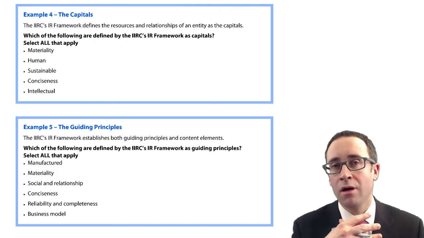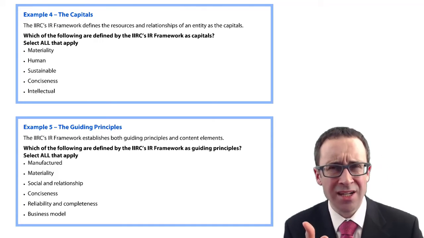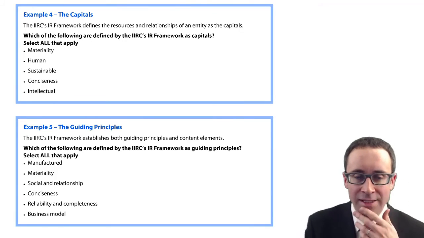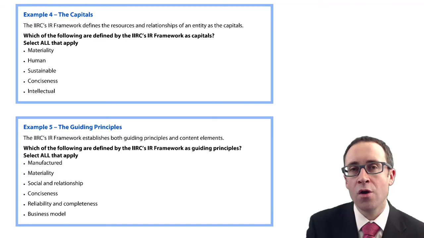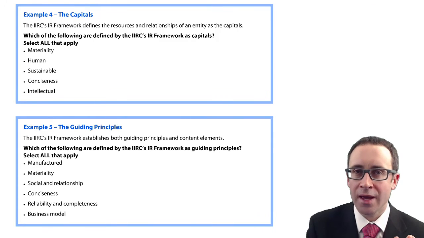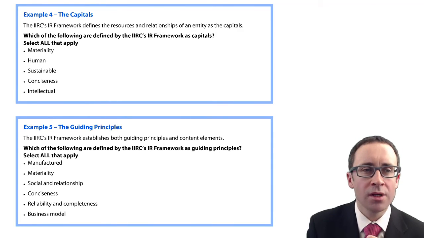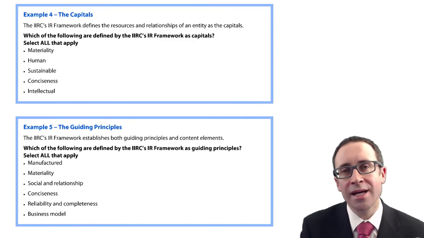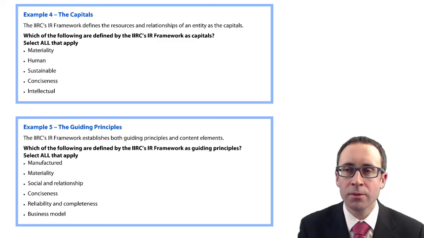But from an objective test question perspective, and looking at your F3 exam, we just need to know what the contents are of your integrated report. So thinking about the capitals, thinking about the content elements, thinking about the guiding principles.